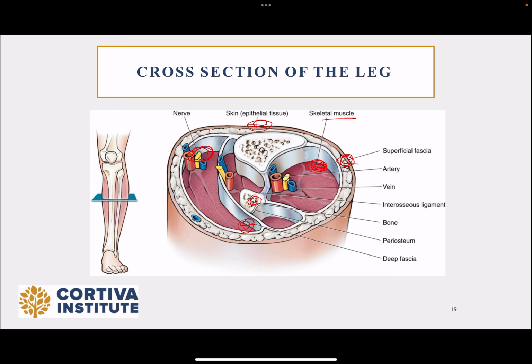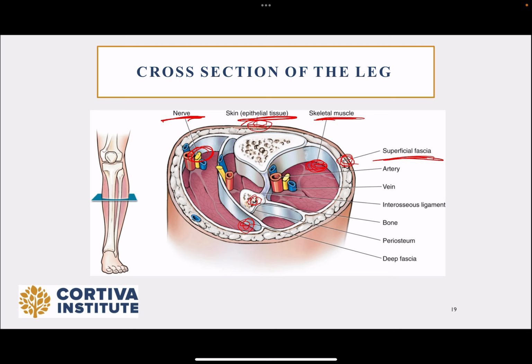So here we can see we have that muscle type of tissue. We have epithelial tissue, we have nervous tissue, and we have connective tissue, all in just a section of the leg. They are working together. Of course, we have other things playing a factor. We have arteries, veins, ligaments, the periosteum, right?